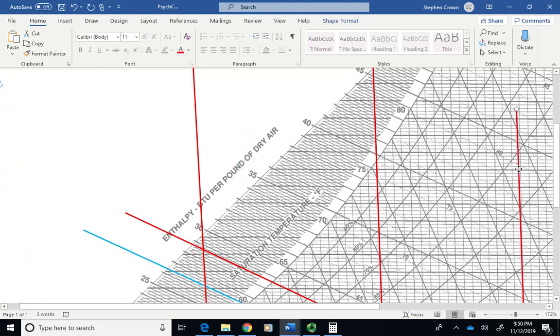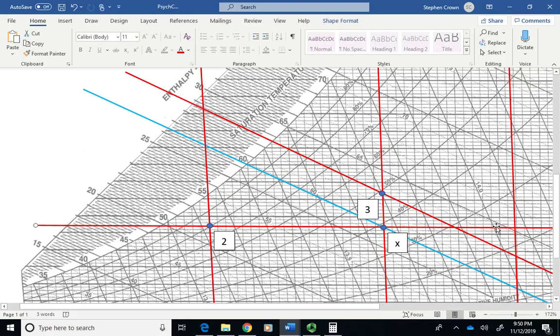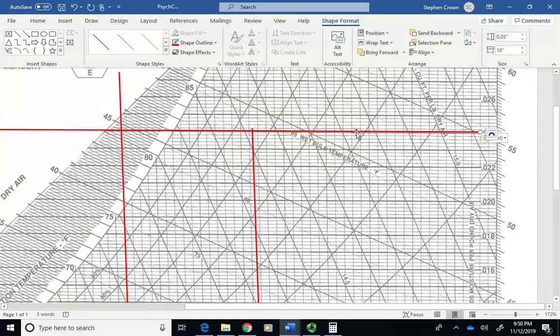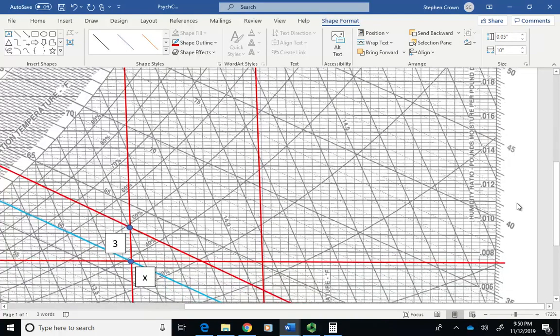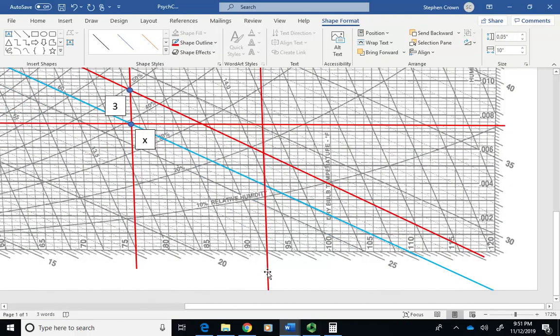Let's get a new temperature line, and let's get a new humidity ratio line. Okay, so this is our new one. 90 degrees.